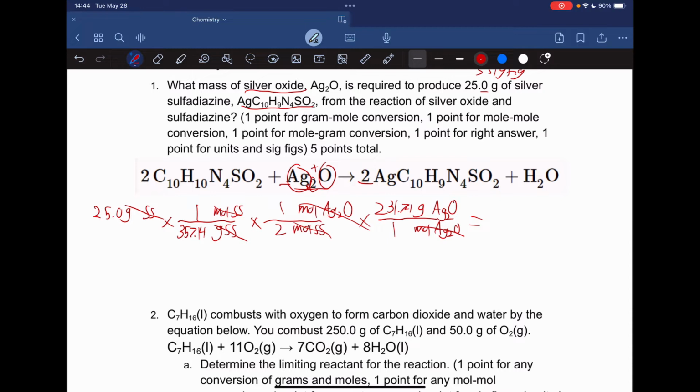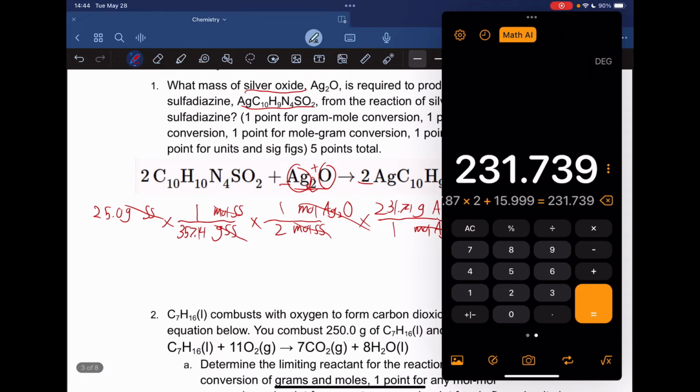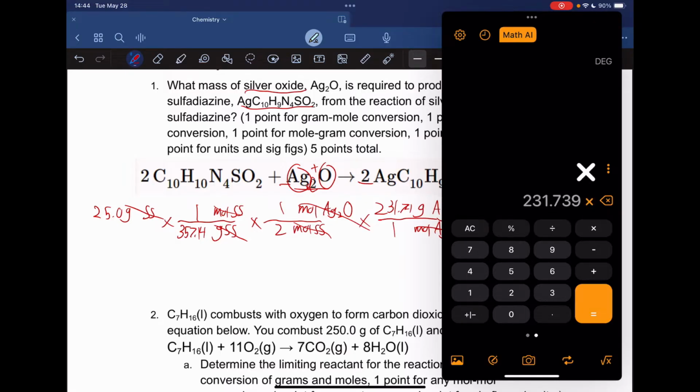Last step to do is just to multiply everything out. Since we already have this number here, we'll start there, but the idea is we're going to multiply everything on the top. So we're going to take our previous answer of 231.74 grams, and multiply by the 25 grams on the left side. Then we're going to divide by 357.14, and divide again, because the 2 is also on the bottom.